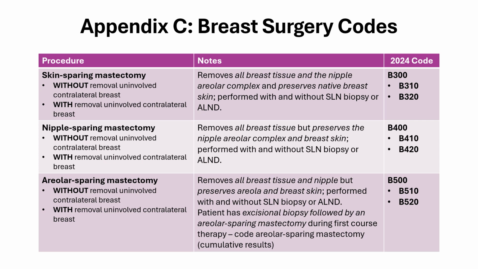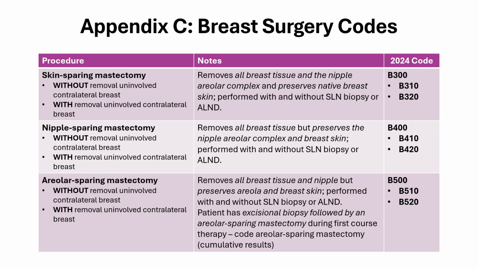The choice between codes 300 to 320 and 400 to 420 depends upon the extent of breast removal and contralateral breast removal. You want to review the op report carefully and assign the code that best reflects the extent of the breast removal. Even if they are given a Goldilocks mastectomy, it may be a little bit different, and those may not fall in that 300 to 320 range.